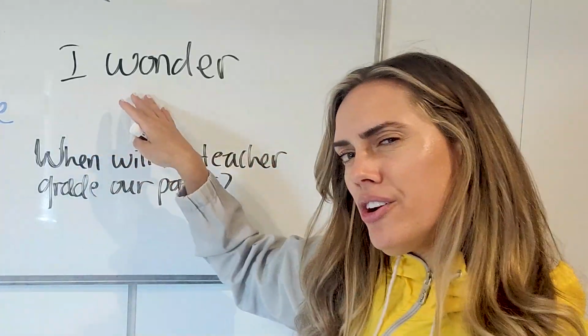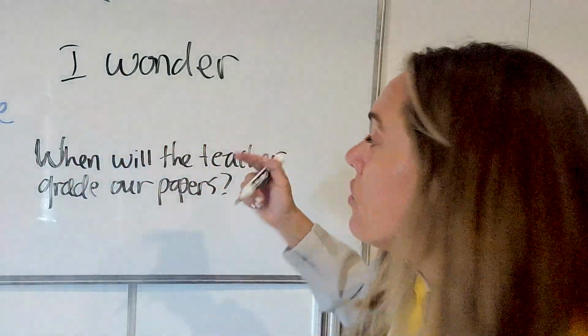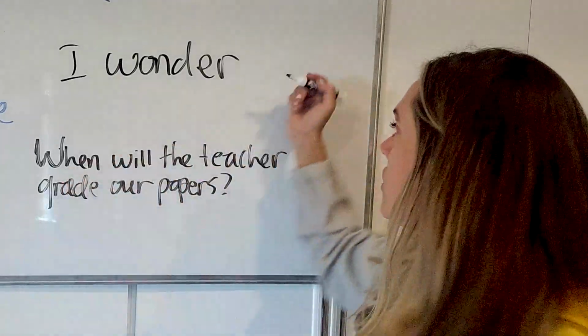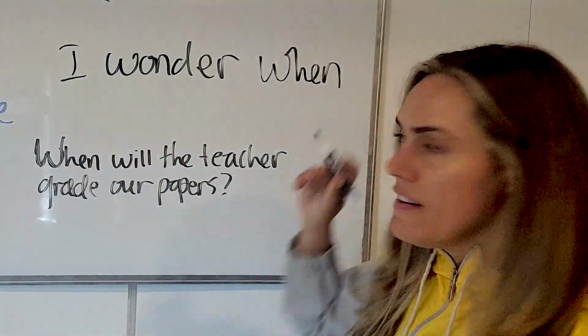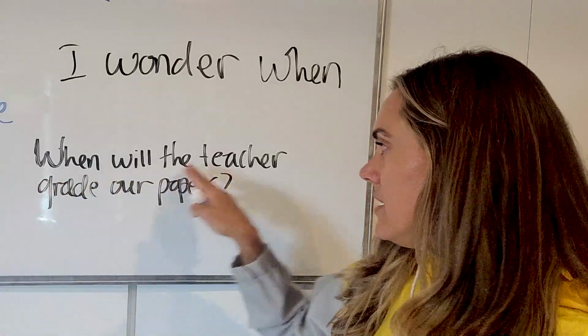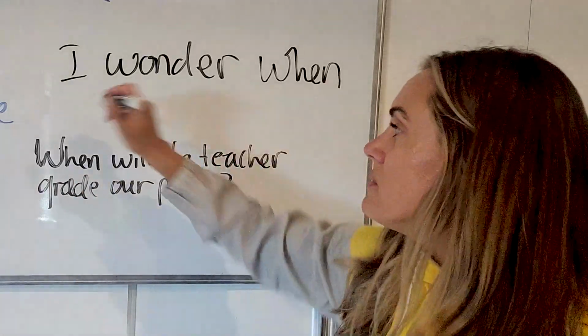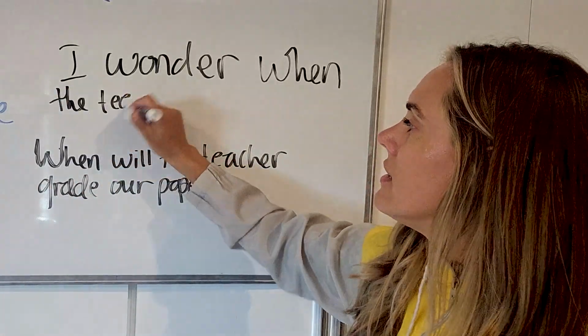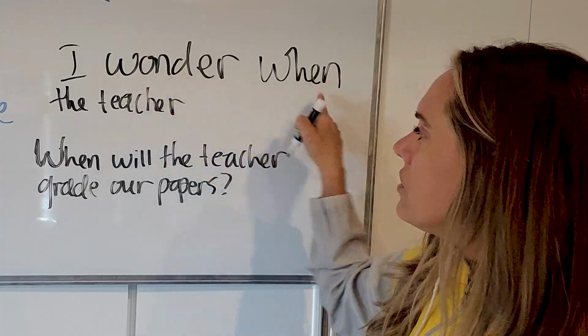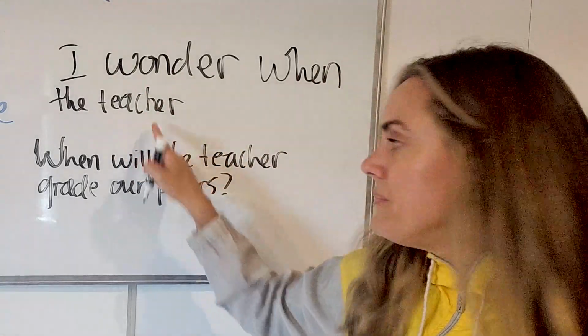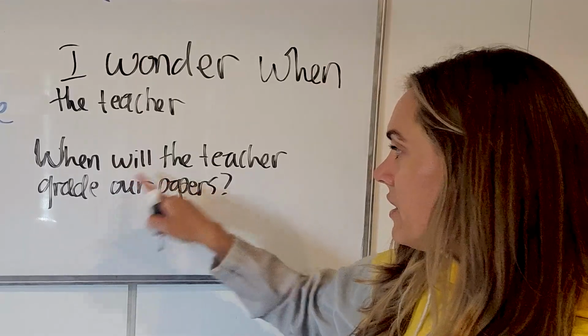And they can say, I wonder, or I want to know, here's the question word, when. Find the subject, the teacher, that's what comes next. I wonder when the teacher, now we need a verb. Here's the verb, will grade.